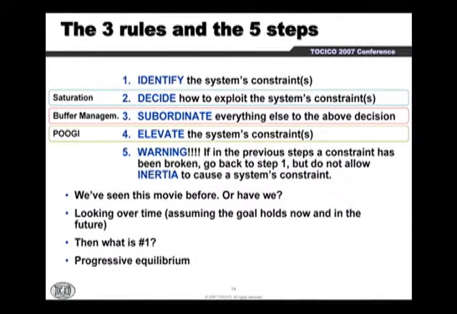So the three rules are basically capturing 3 steps of the 5 steps. We assume that we have a system where we can choose a strategic constraint. And as Ali told us some time ago, we don't want to keep the strategic constraint flipping around all the way.